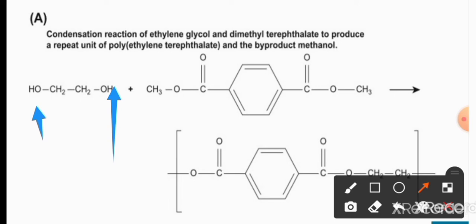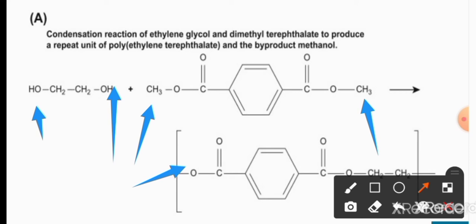Firstly, these two OH groups are removed from ethylene glycol, and also there is removal of both these terminal CH3 groups to form CH3OH. What remains now? O, C double bond O, benzene ring.